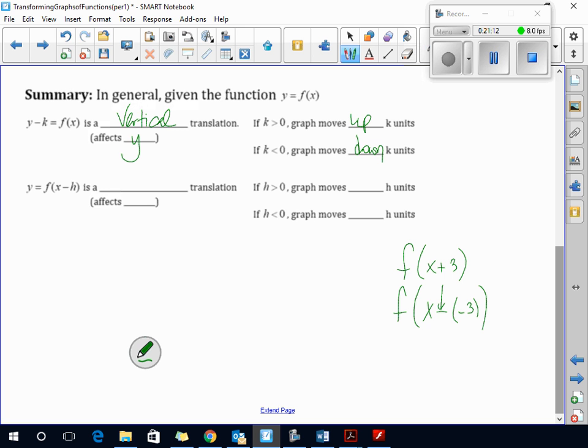Okay, so this is a horizontal translation, and it affects the x. If h is greater than 0, meaning it's positive, like say 5, 6, 7, 8, whatever, the graph moves which way? It's going right or left? It's going right. Now, again, I'll explain. If h is, say, positive 5, do you see it'll still be x minus 5 because the subtraction is part of the form?